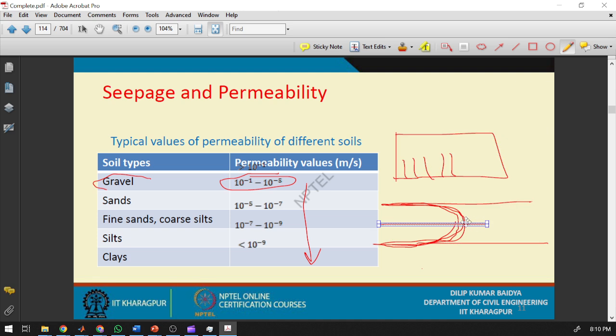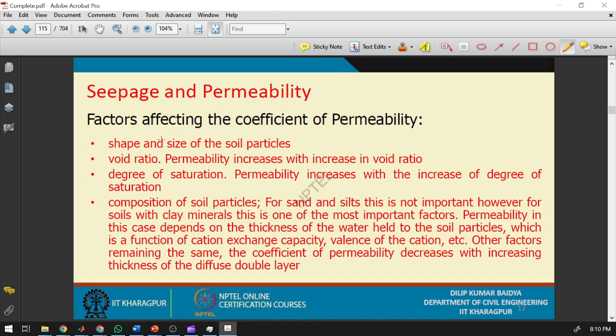The velocity would be maximum at the center, and if more and more area of flow is dedicated to the formation of the boundary layer, we will get a smaller velocity.